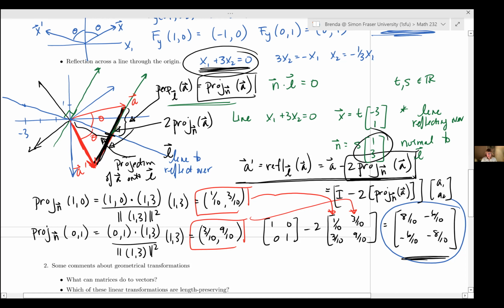Start with that, clear your paper and draw your picture and go through it methodically like that, and then see that you can generate this matrix, because that's what you need then to be able to do those reflections. Okay, take some time to see this one. This is the hardest. This reflection across a line, which is not one of the two axes, is more difficult to get at.